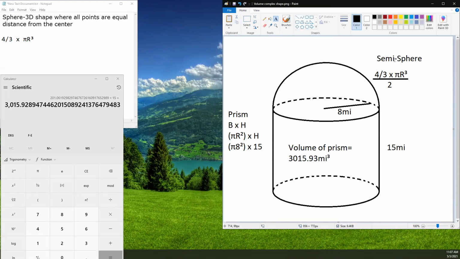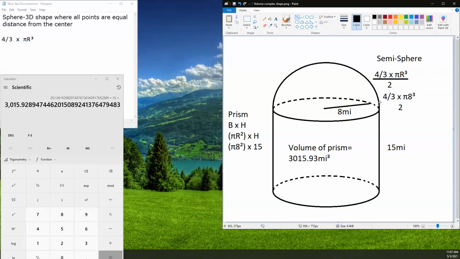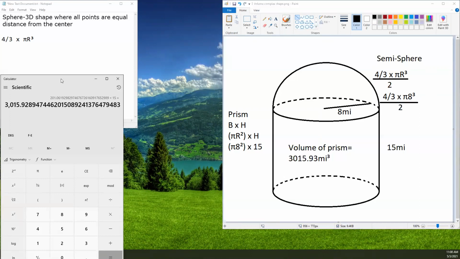Nice thing is, the only variable is radius, and we have it. So we just got to plug that in. 4 over 3 times pi, and then our radius is 8 cubed over 2. I'm going to save the divided by 2 for the very end because it just complicates things otherwise.